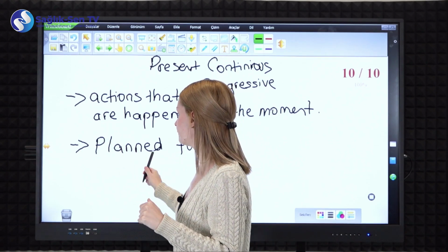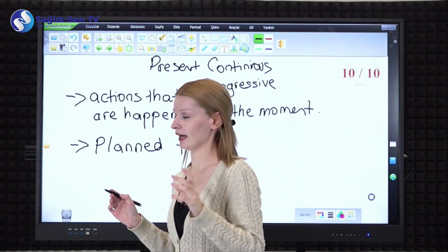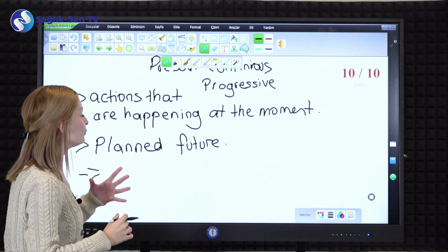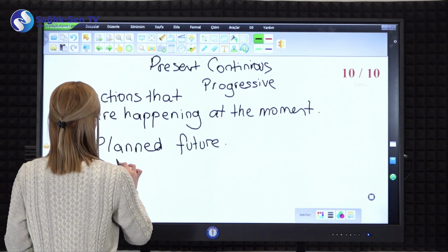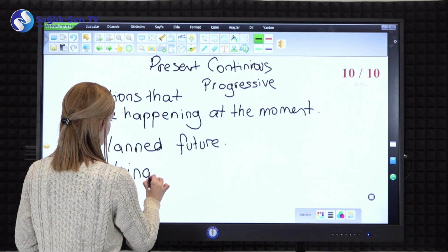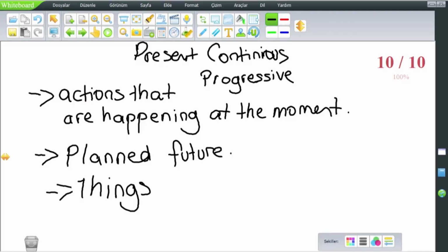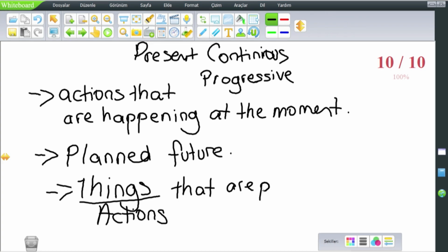But don't forget the planned future facts. And when we're talking about things that are not permanent, things or actions that are not permanent. Geçici durumlardan bahsederken de present continuous kullanıyoruz.